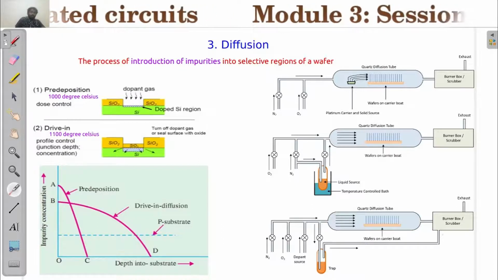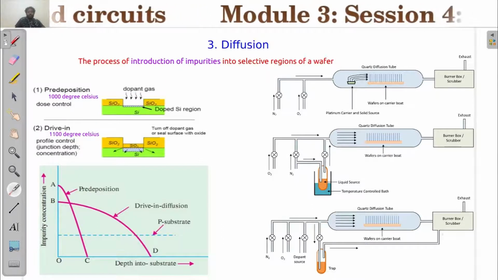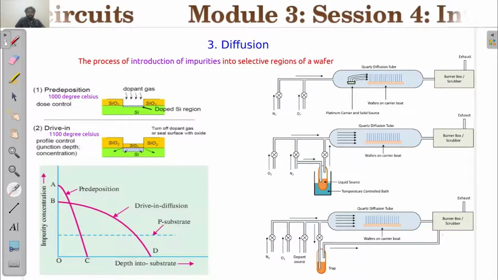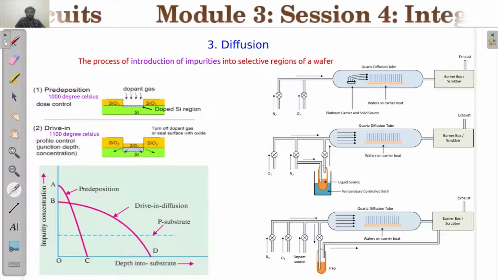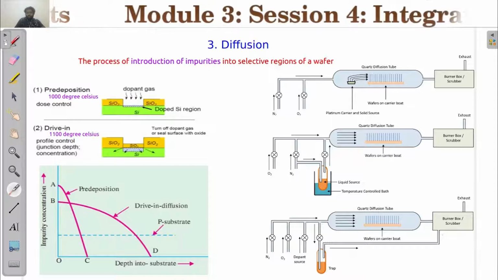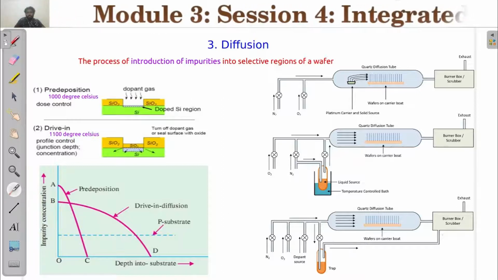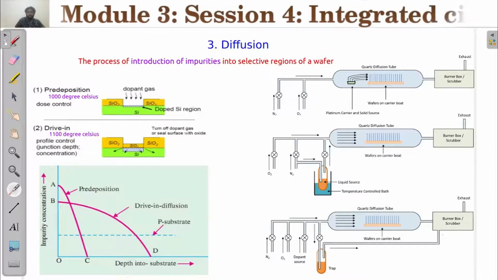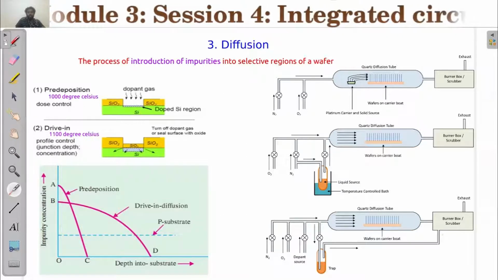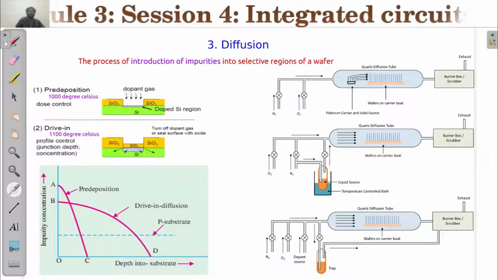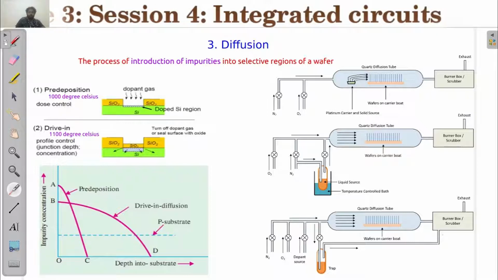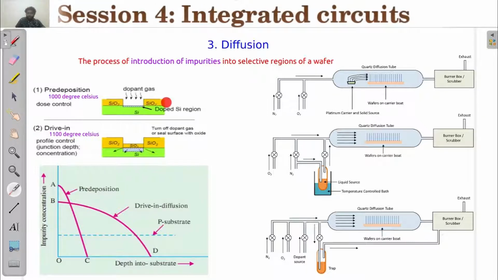So when a dopant gas is introduced to this kind of setup, it can only penetrate the silicon layer and not the silicon dioxide layer. That is the rationale behind using the silicon dioxide layer. You can selectively dope a small region in your silicon wafer by using silicon dioxide as a mask.